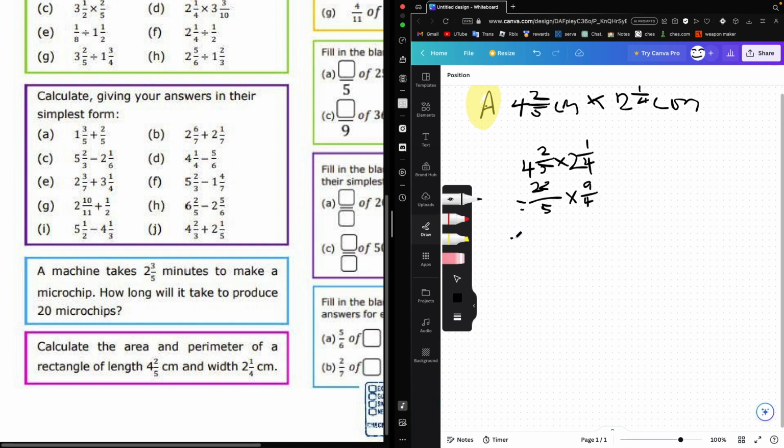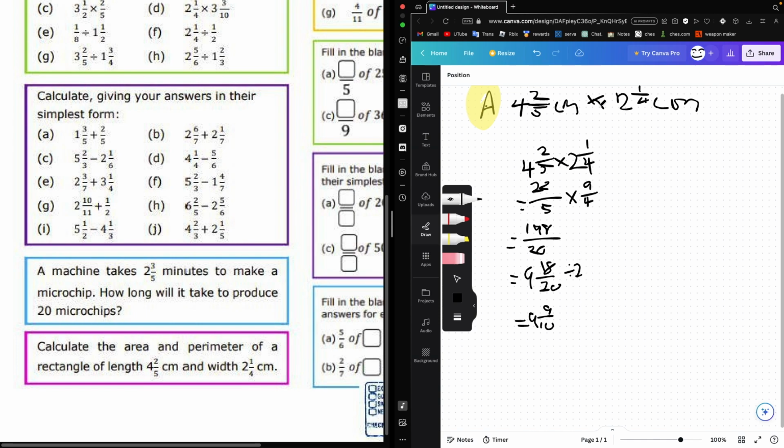So that will become 198 over 20, which equals 99 over 10, dividing by 2.